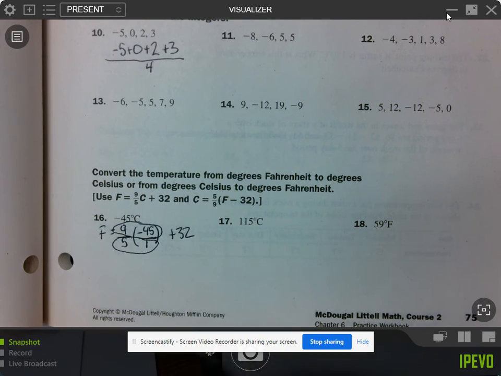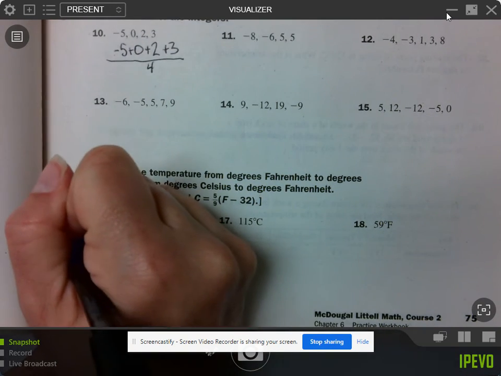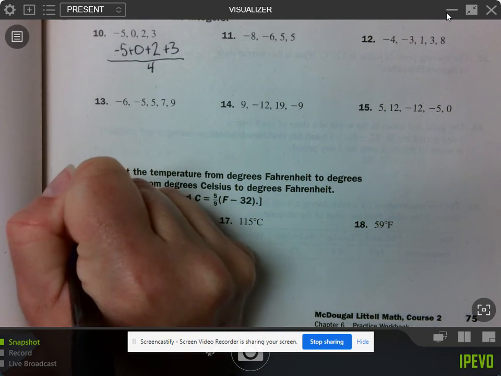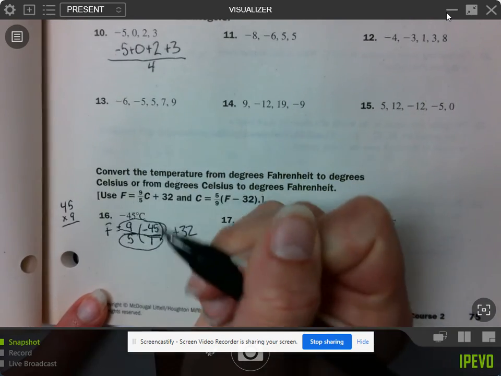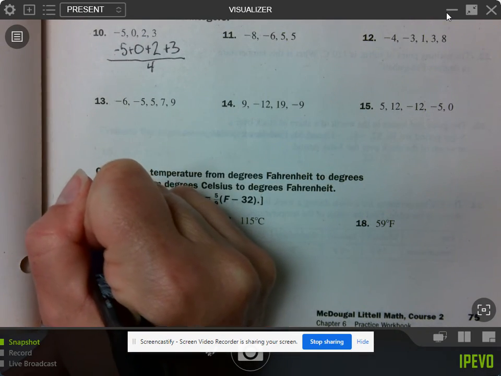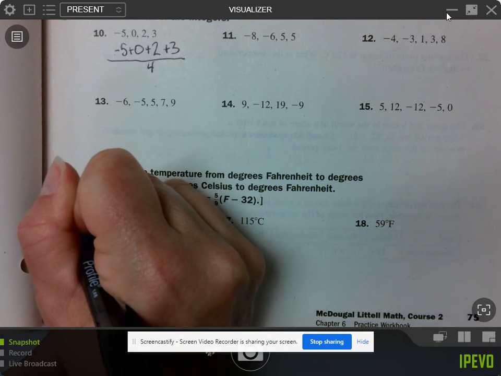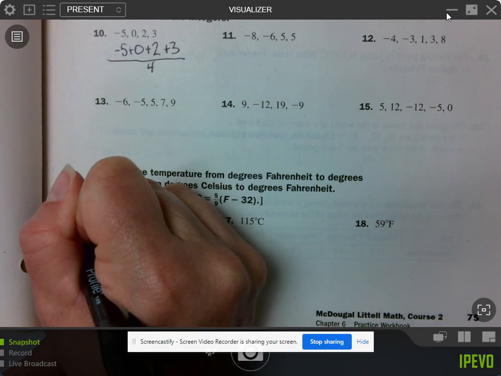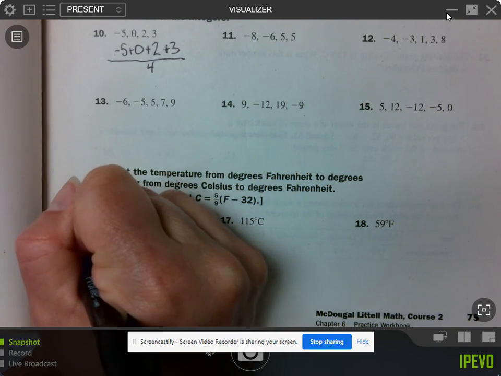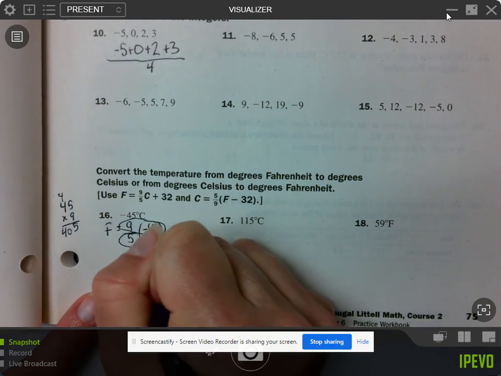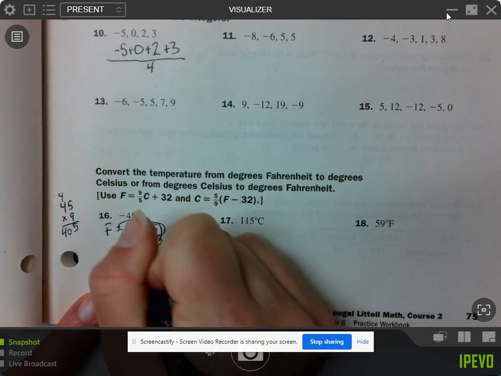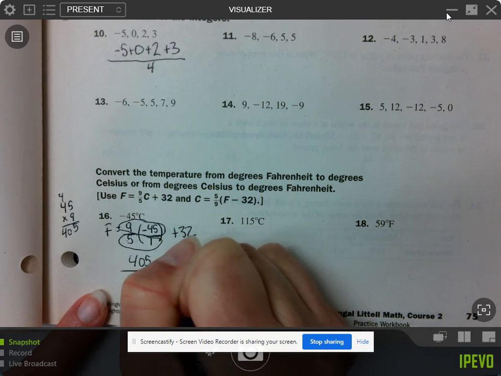So I need to do 9 times 45. I can do it as mental math, or I can multiply over on the side. 5 times 9 is 45. 9 times 4 is 36. Plus 4 is 405. And then I have 5 times 1, which is 5.